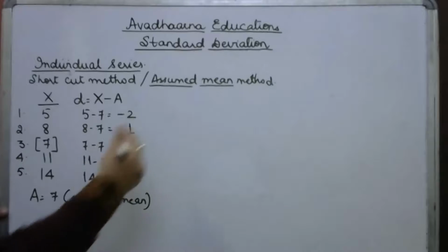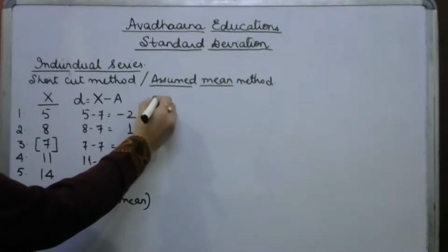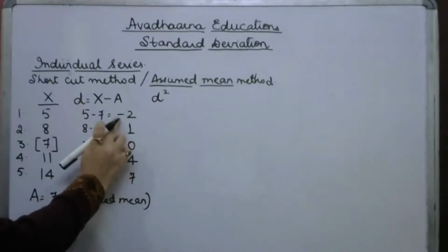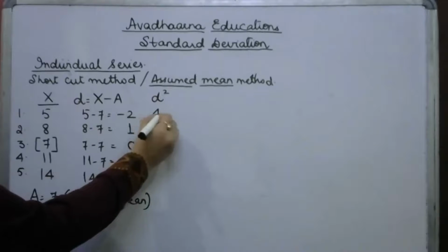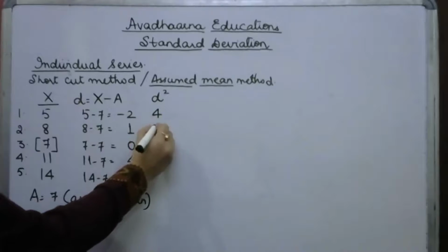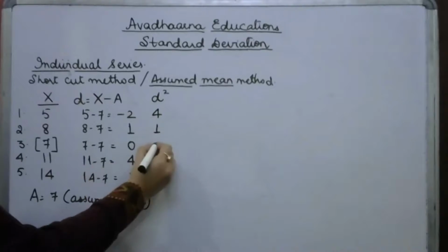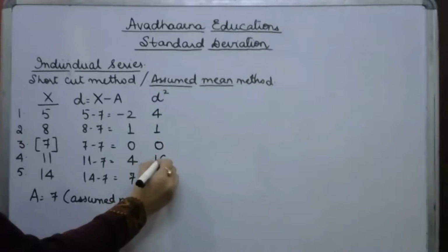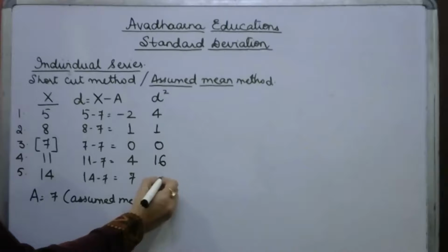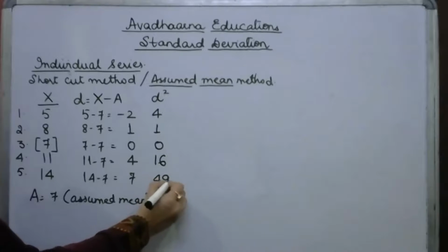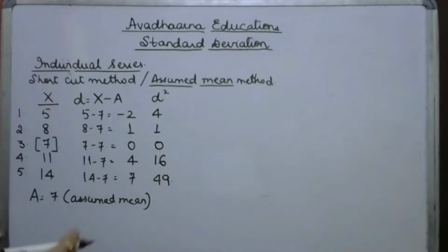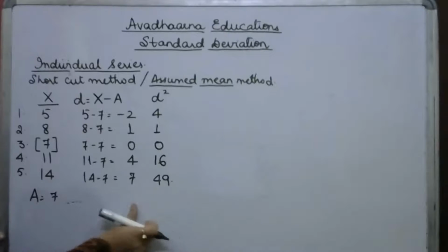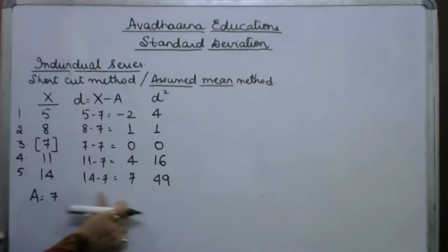Next step is that we are going to calculate the square of these deviations. So, -2 square is 4, 1 square is 1, 0 square is 0, 4 square is 16, and 7 square is 49. Now, let's take the summation of your deviations.